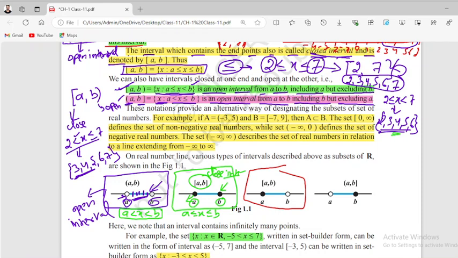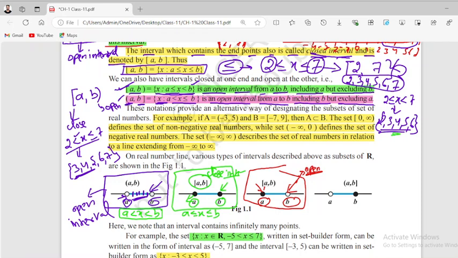You can see in this diagram, this circle is not filled with black color, so it means this is for the open interval, open value, so we cannot consider the value of B. But if you see this circle colored with black, maybe you can choose any color in place of black, it means this is a representation for the closed side.